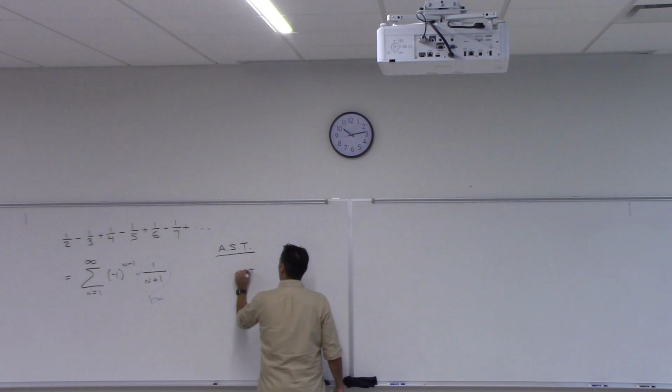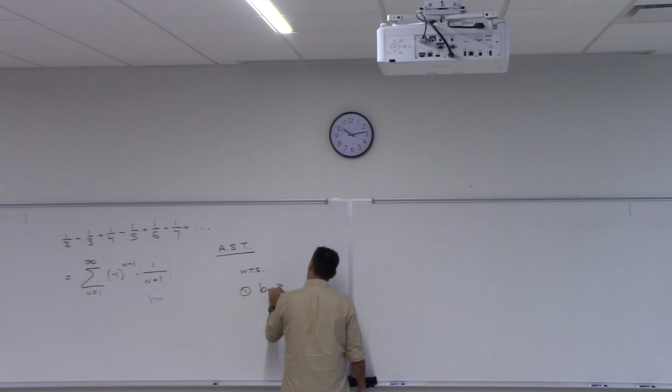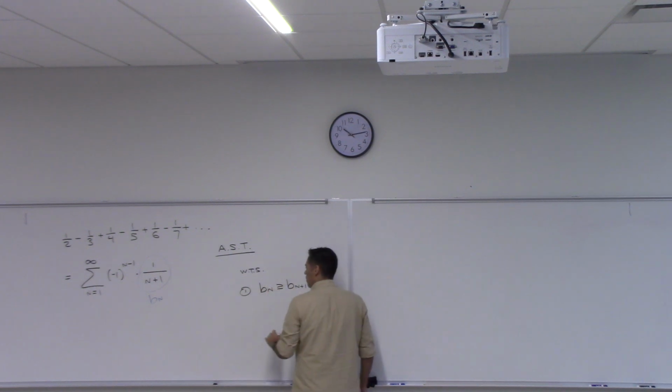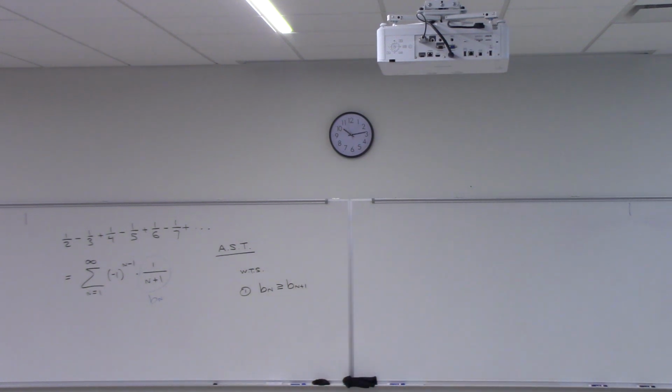I want to show two things. First, I want to show that b sub n is greater than or equal to b sub n plus 1. On your sheet, is it greater or greater than or equal? Certain books do it certain ways, I forget. Greater or equal to, okay. I want to show that.